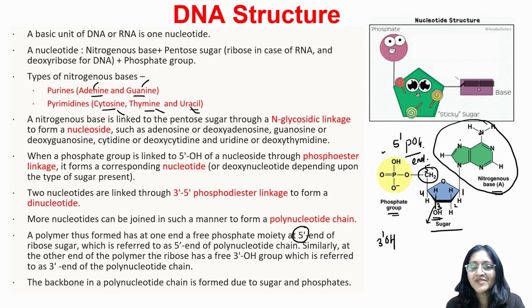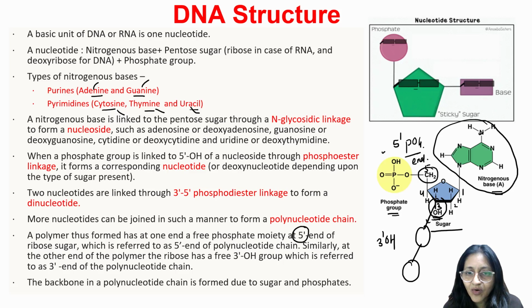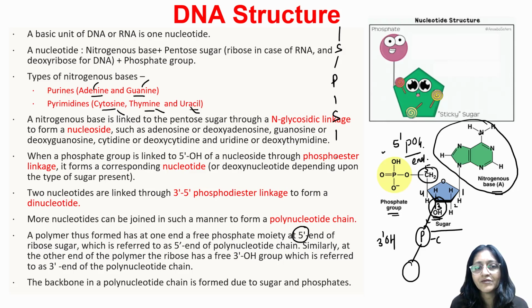So that forms a backbone. Now the next nucleotide will join here, then the next nucleotide. When the bond forms, it forms between the 3' carbon of one nucleotide and the 5' carbon where you have the phosphate group. So this forms a backbone. You have sugar, then phosphate, then sugar, then phosphate. Similarly, it will form a chain.